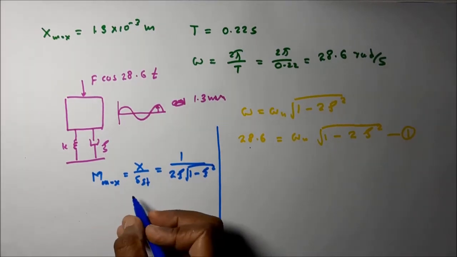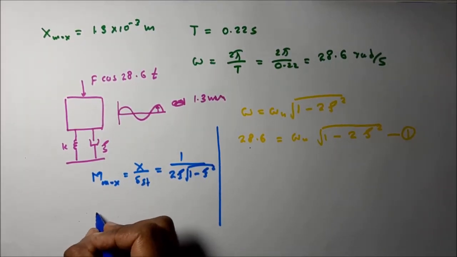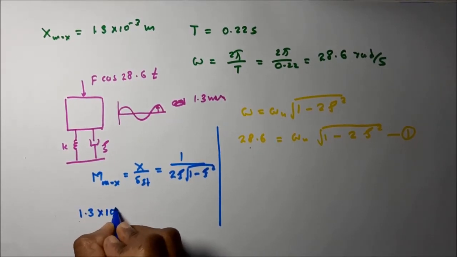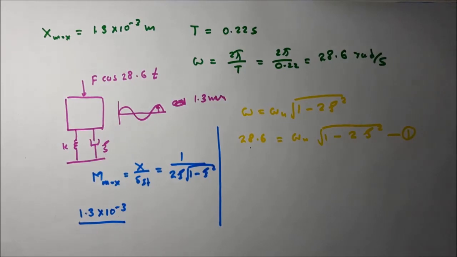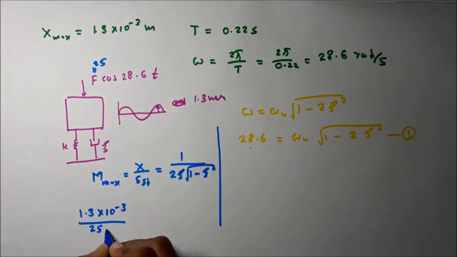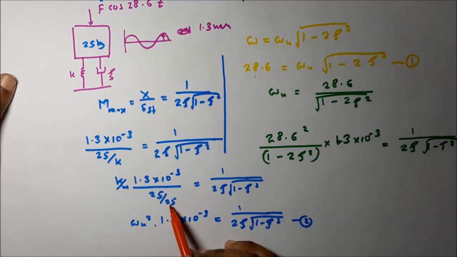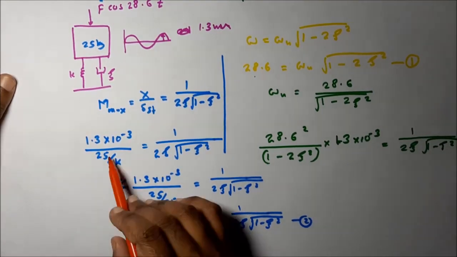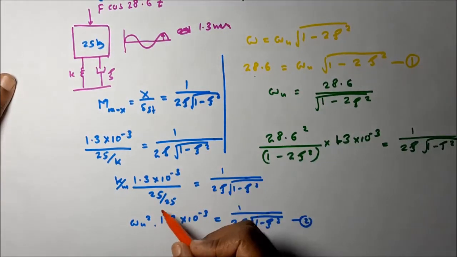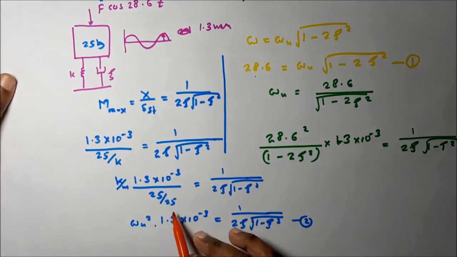Okay. So then let me substitute the values in this equation also. What is x? 1.3 into 10 to the power of minus 3 divided by delta st. What is delta st? F divided by k, no? F is given, that is equal to 25. So 25 divided by k, and m is equal to 25, that data is given.